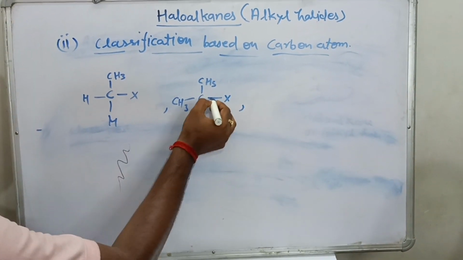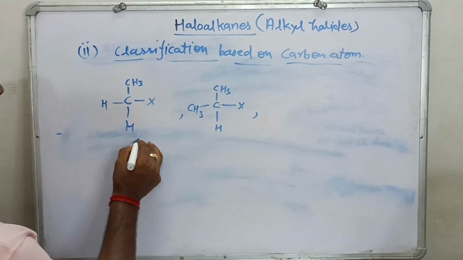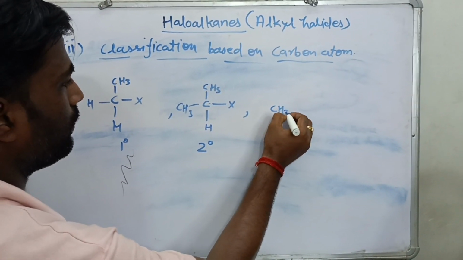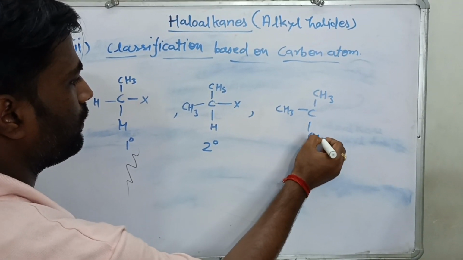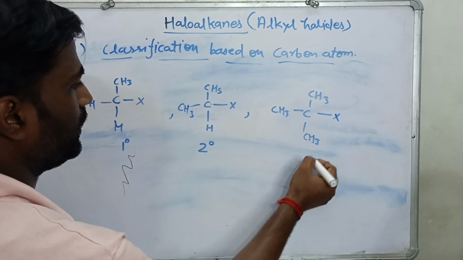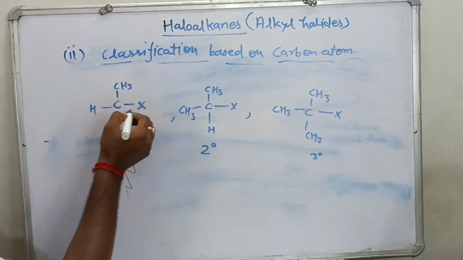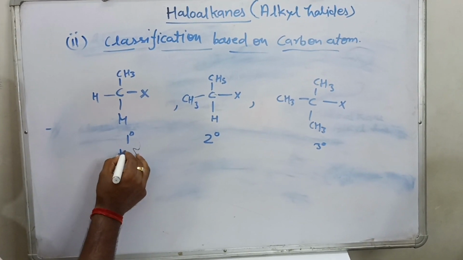This is a secondary carbon atom, because the main central carbon atom is attached to two carbon atoms. This is primary, this is secondary, and this is a tertiary carbon atom.